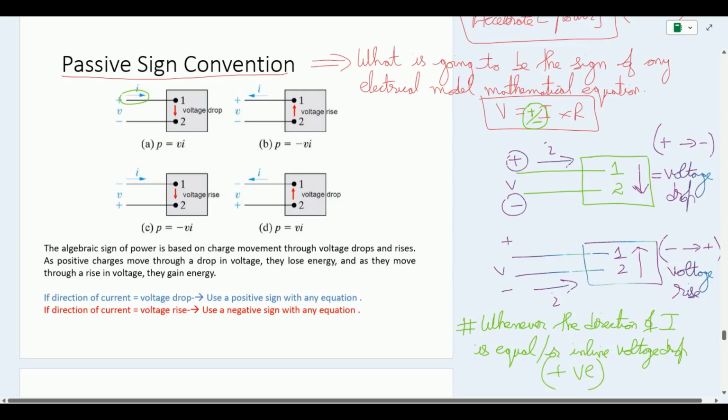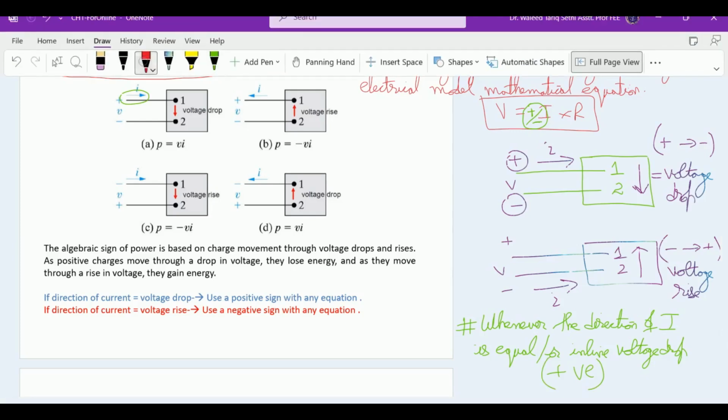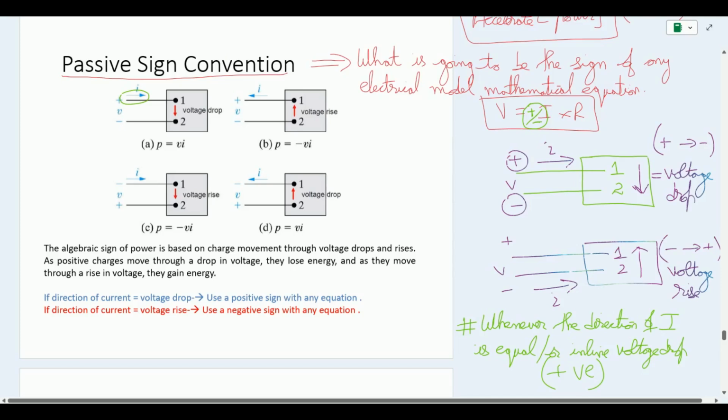And similarly, if the direction of current is in line with the voltage rise, we are going to use the negative sign of that equation. So these are the laws that we have to respect.